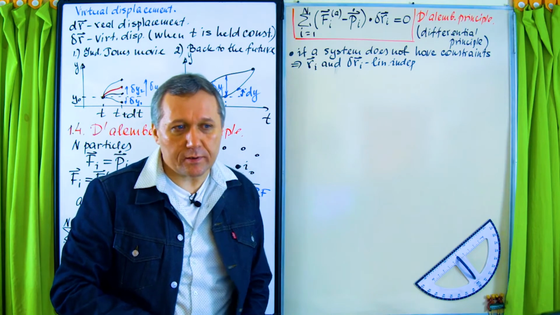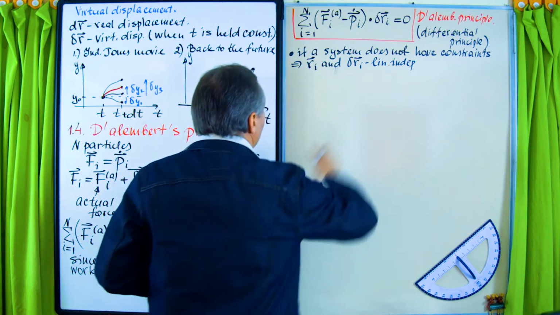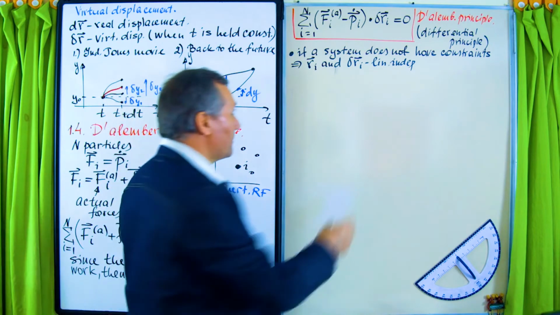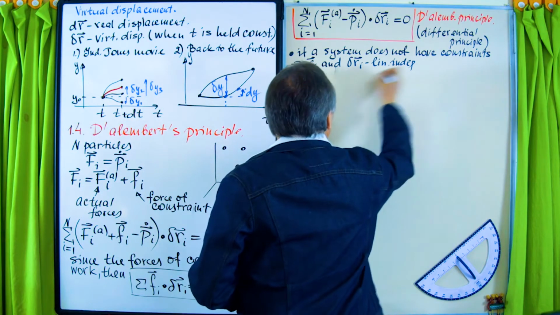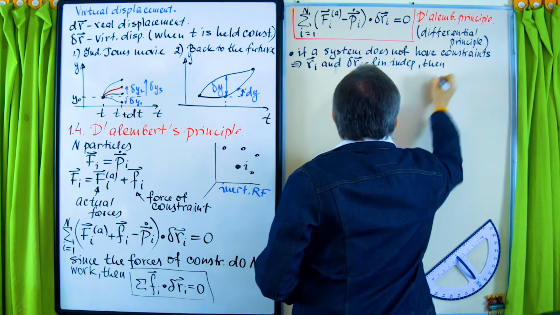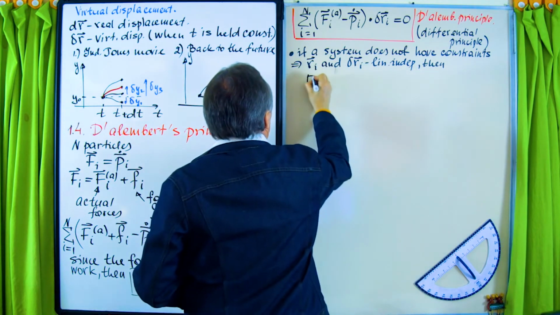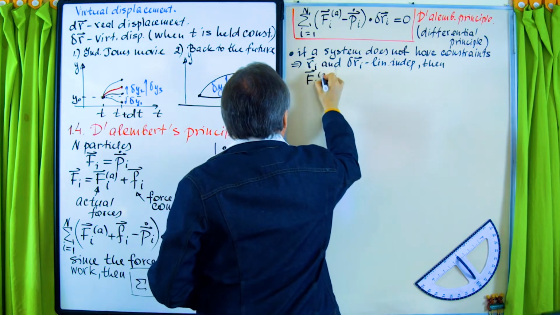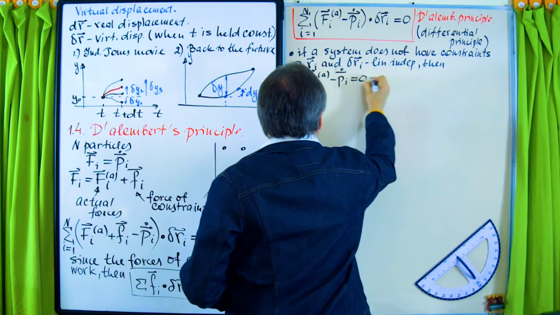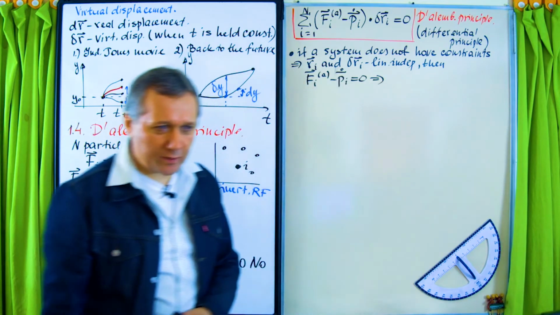Each of these factors is 0, right? Makes sense, right? So, independent, then Fi minus Pi dot equals 0. And of course, we're getting just Newton's second law.